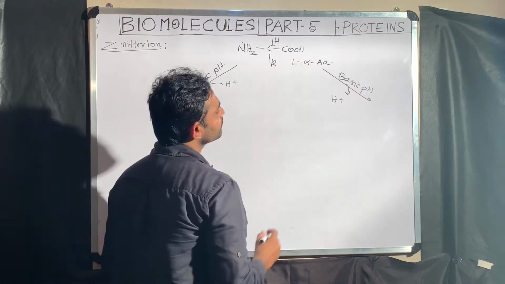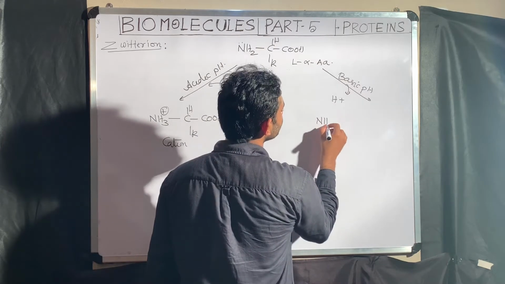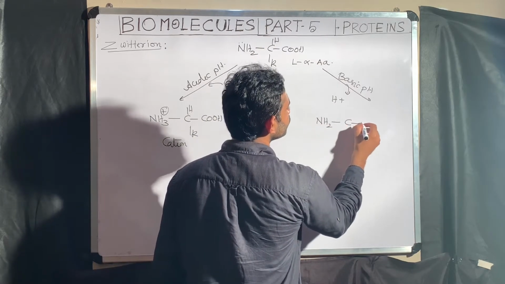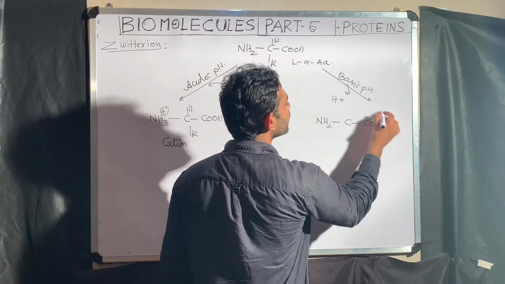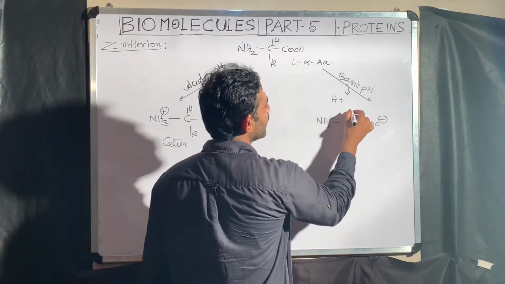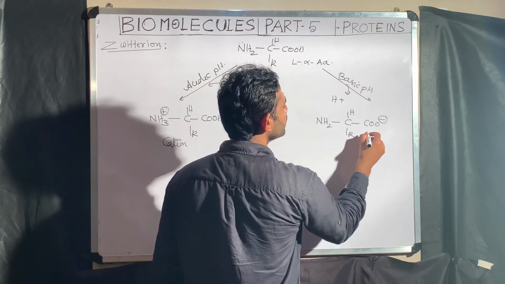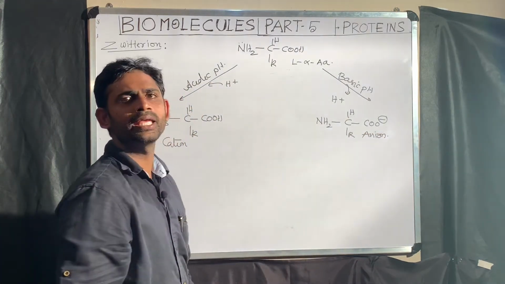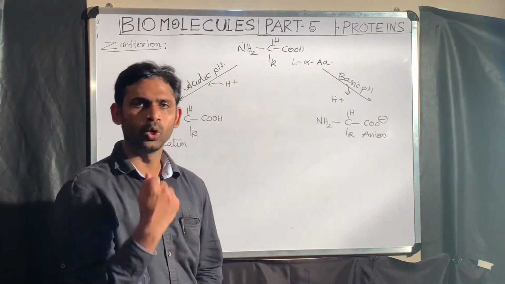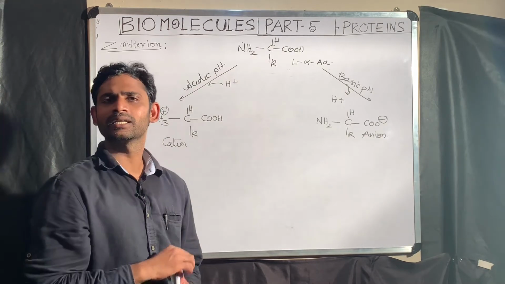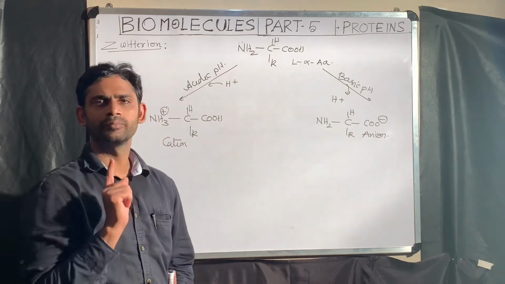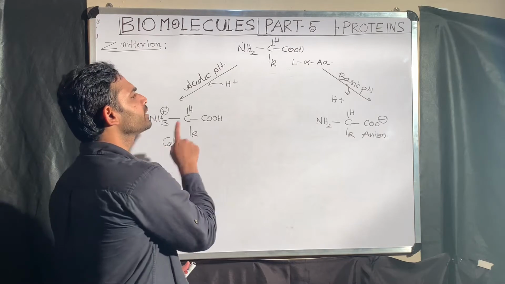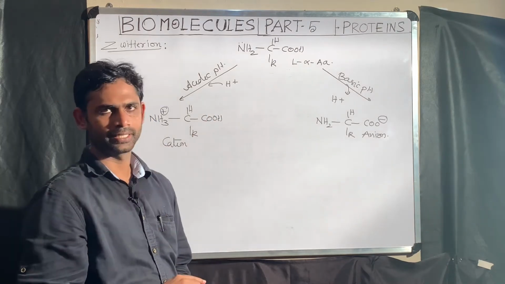In this condition, what happens? NH2 remains the same. COOH by losing a proton becomes COO minus, H and R. This is a negatively charged molecule. This is called an anion. Why? Because it moves towards the anode. So what I said, clear now? The charge of an amino acid depends on the pH of the solvent.